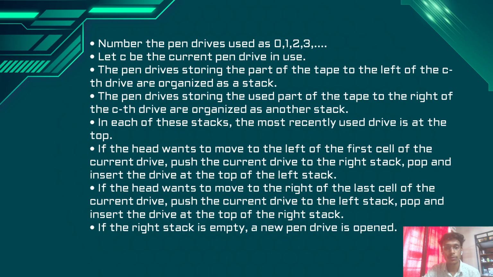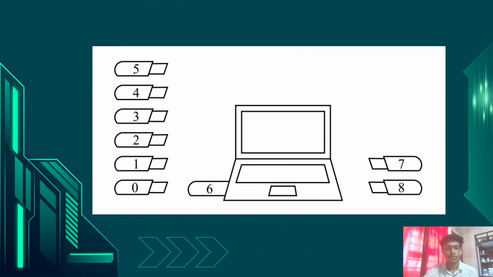If the head wants to move to the left of the first cell of the current drive, then push the current drive to the right stack, and pop and insert the drive at the top of the left stack. If the head wants to move to the right of the last cell of the current drive, push the current drive to the left stack and pop and insert the drive at the top of the right stack. If the right stack is empty, a new pen drive is opened. So this is showing how we do it.